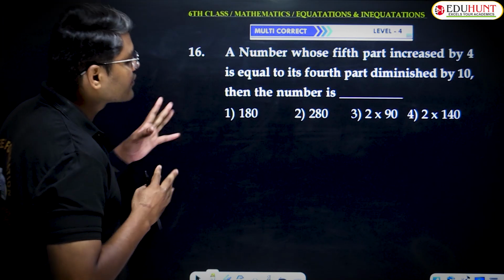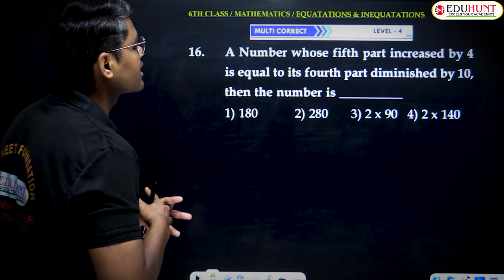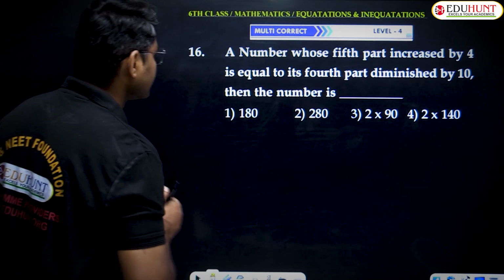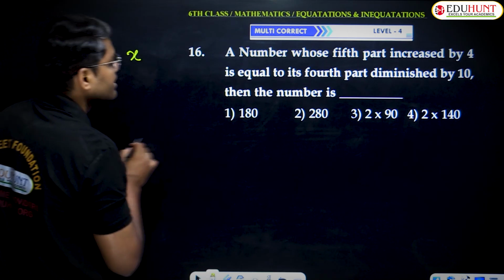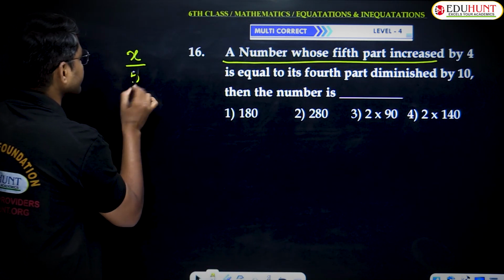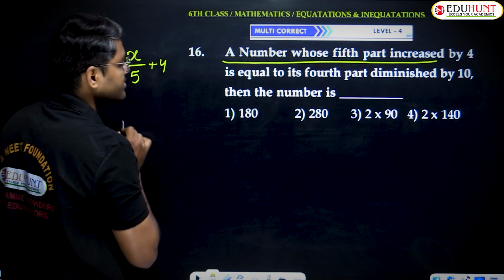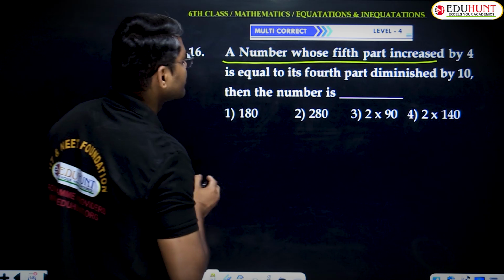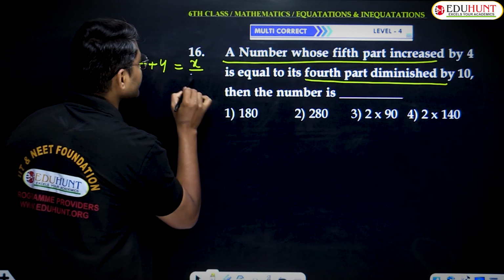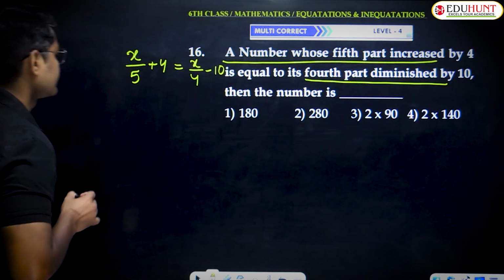A number whose fifth part increased by 4 is equal to its fourth part diminished by 10, then the number is... a number is x. A number whose fifth part, that means x by 5, increased by 4, is equal to its fourth part diminished by 10. Fourth part means x by 4 diminished by 10, that means subtract 10.